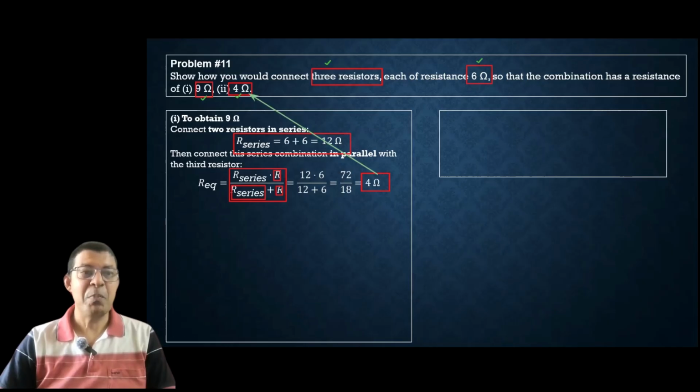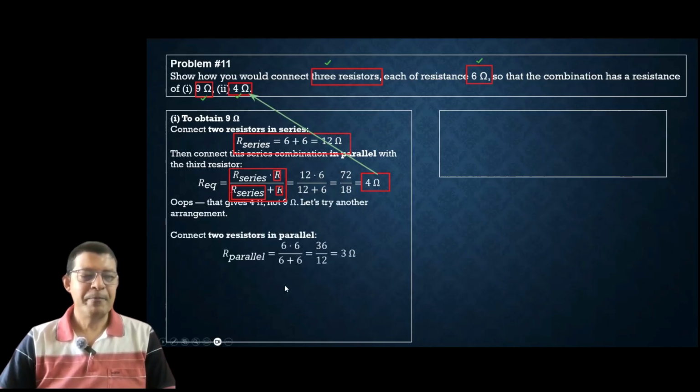Let us take 6, 6 in parallel first now. If you take 6, 6 in parallel, then what will happen? Use the same direct formula. For parallel combination, you can use this formula directly. These are two resistors, 6 ohm resistor, and the numerator you multiply and the denominator you add. Okay, and then you'll get 3 ohm. Now 3 ohm we can put it in series with 6. You'll get 9 ohm.